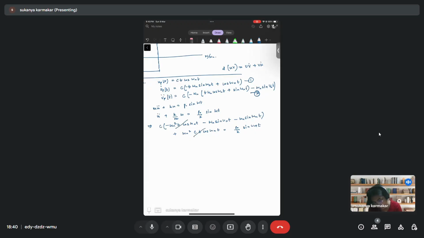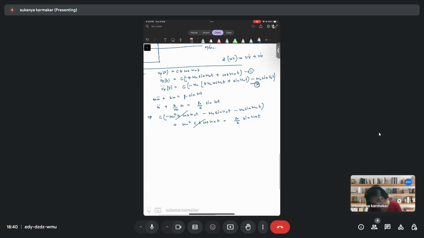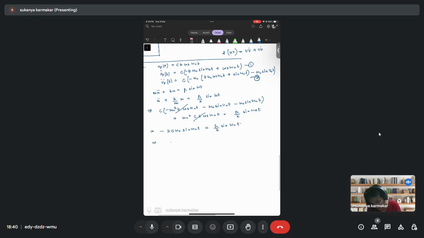This term and this term go away, so you're left with minus 2c omega n sine of omega n t equals p naught by k sine of omega n t. So your c is minus p naught by 2k omega n.